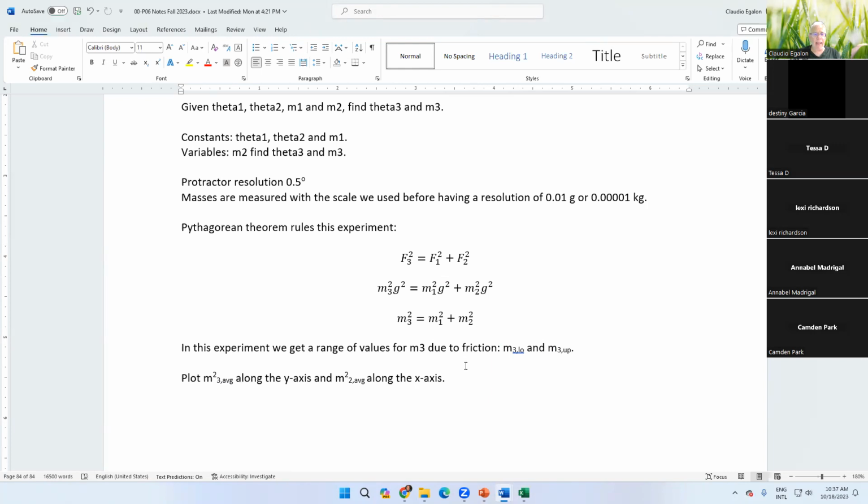If we do that, what should we get? M3 squared is my y coordinate, M2 squared is my x coordinate. We should get a straight line with a slope of 1 and intercept M1 squared.